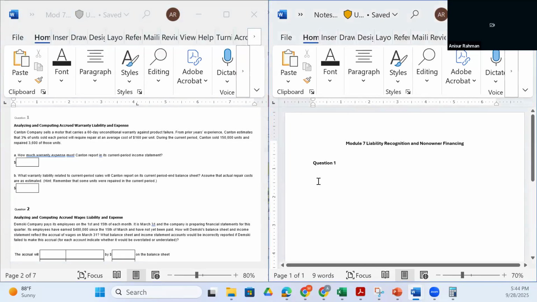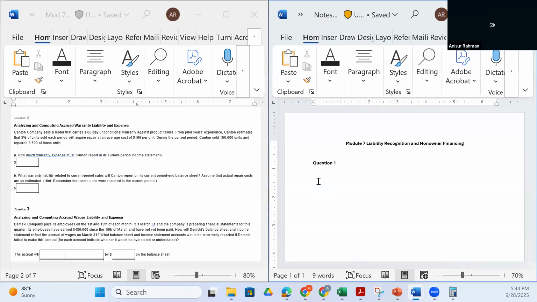So first of all, warranties are guarantees that companies provide to repair or replace the products for their customers. And every period, companies do that. Based on their history, the company comes up with what percentage of their sales they expect to replace or repair, and what the warranty expenses will be.